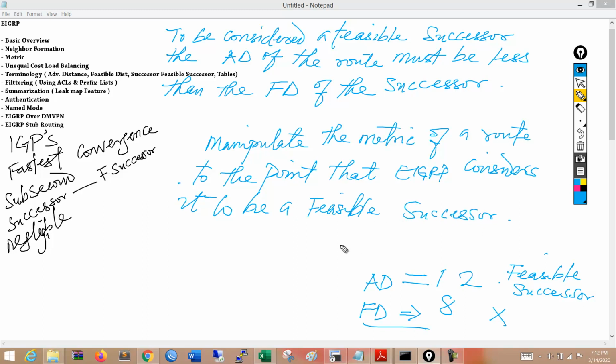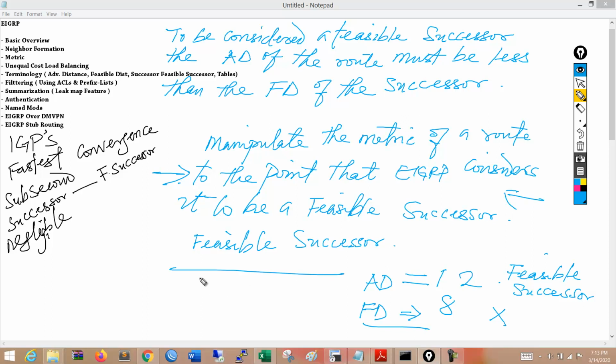So in deployment, that is what the strive is to do. You manipulate the route. Once you have a second path, even though usually you will not leave it by default, you will manipulate that route so that it becomes a feasible successor. And once the successor route goes down, there is split second convergence.